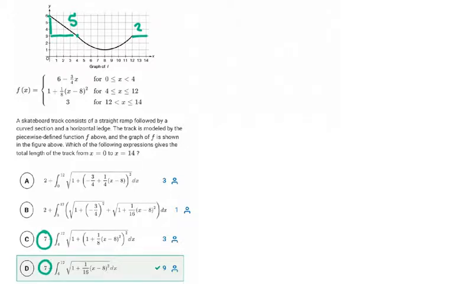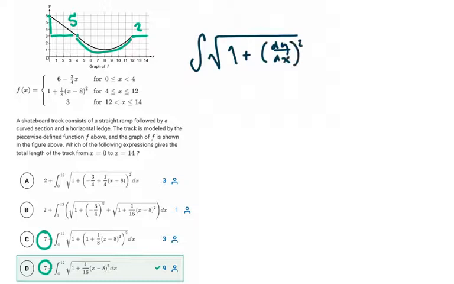Then the next thing is just to find the parabolic section. And if you remember from arc length, that is the integral of the square root of 1 plus (dy/dx) squared dx from a to b, because it's coming from the distance formula. So if this is the only one we're worried about, we just need to ask ourselves, what's the derivative here?